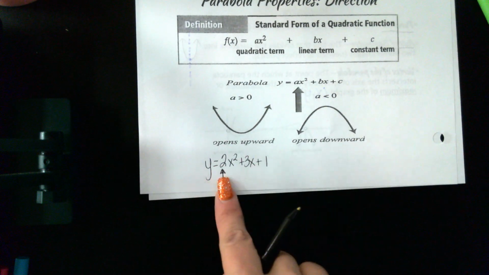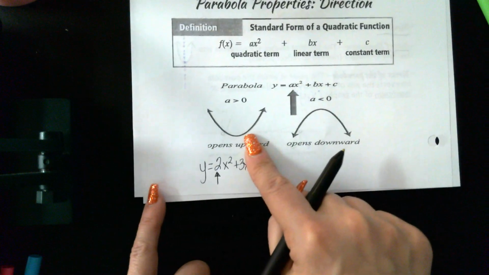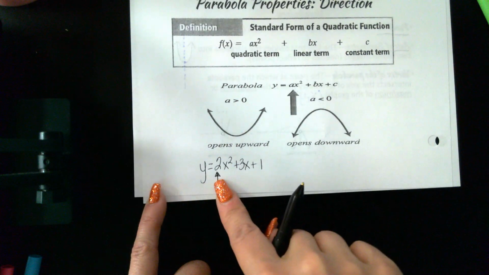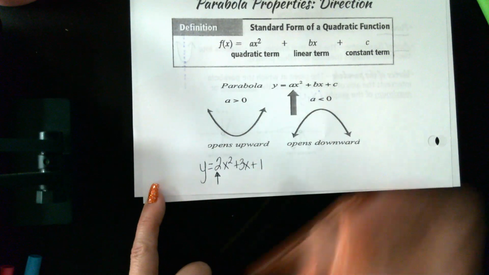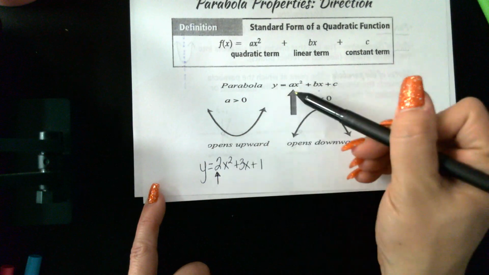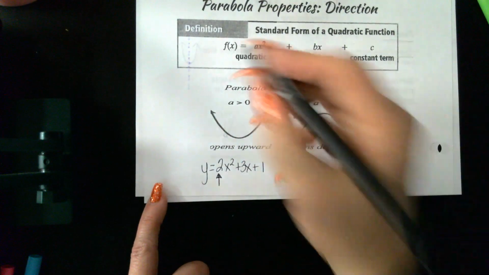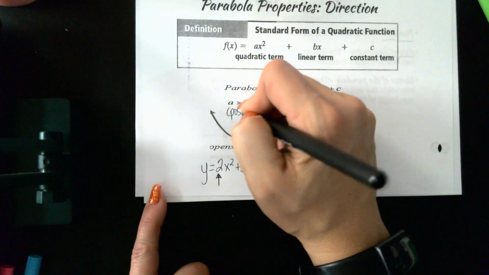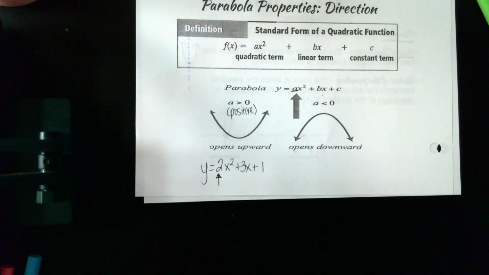If it is a positive leading coefficient, it is going to face up. So positive makes us smile. They refer to this as the A value. So if your A value is greater than 0, meaning positive, then you should always end up with a parabola that looks like a smile.